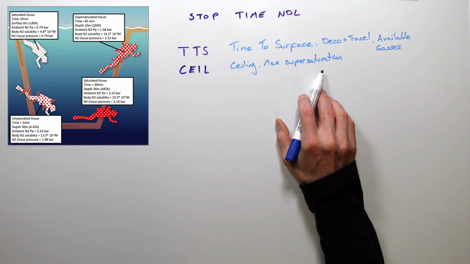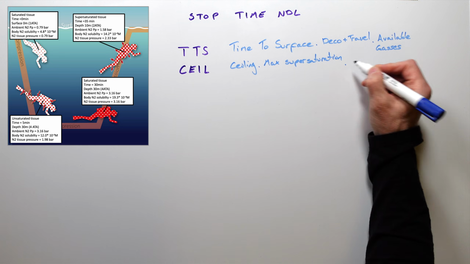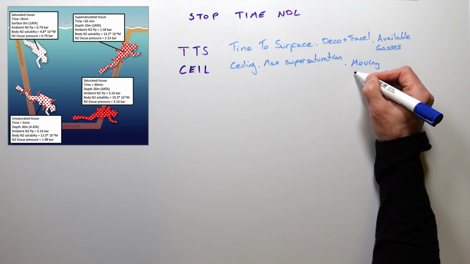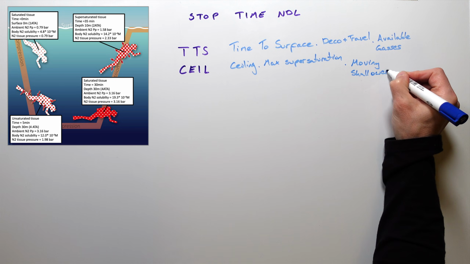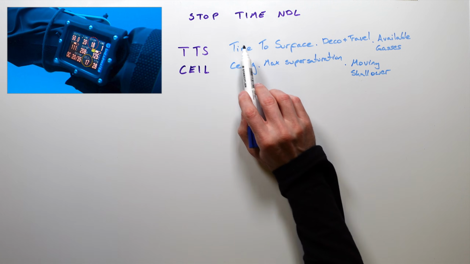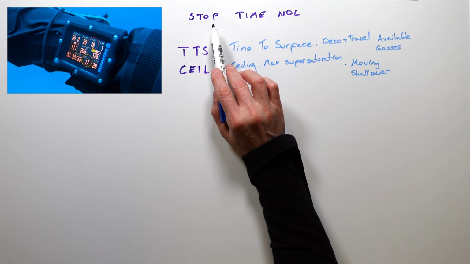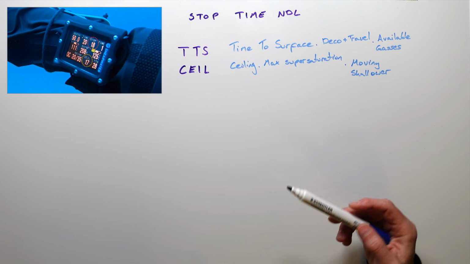But the idea here is that the ceiling is always moving shallower. The longer you wait, that ceiling will become shallower before the stop depth changes. The stop depth will jump in increments of 3, but the ceiling will jump in increments of 1.